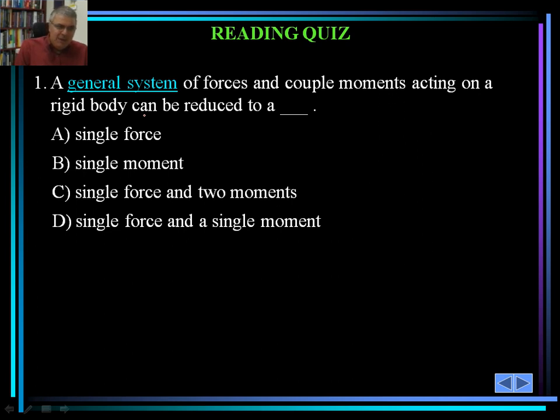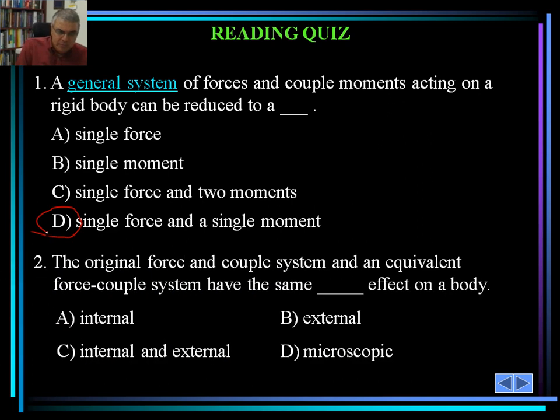Theoretically, a general system can be reduced to a force and a single moment, but it could also be reduced to a single force and two moments. C and D are both correct, but the more correct answer would be D.